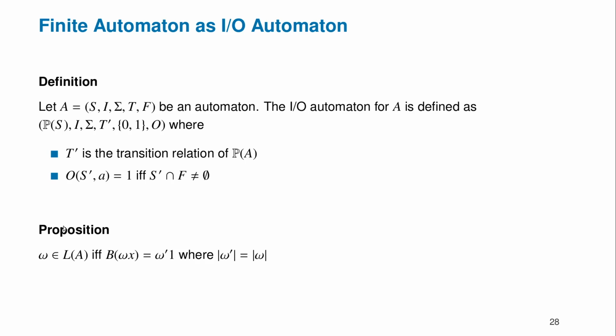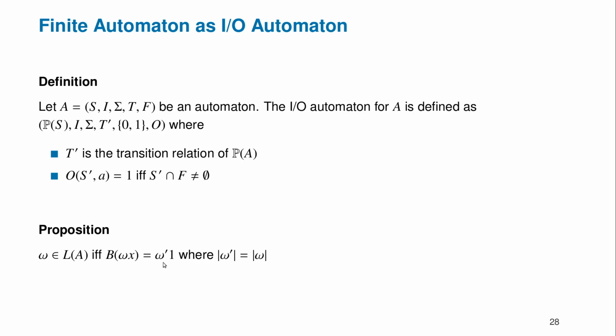But how does the behavior of an I/O automaton and the language of a finite automaton relate? You say that omega is a word that is accepted by A, so it's a word that's in the language of A. Then if the I/O automaton B reads this word plus an additional symbol, it produces a word that ends with a 1, and the other output is irrelevant.